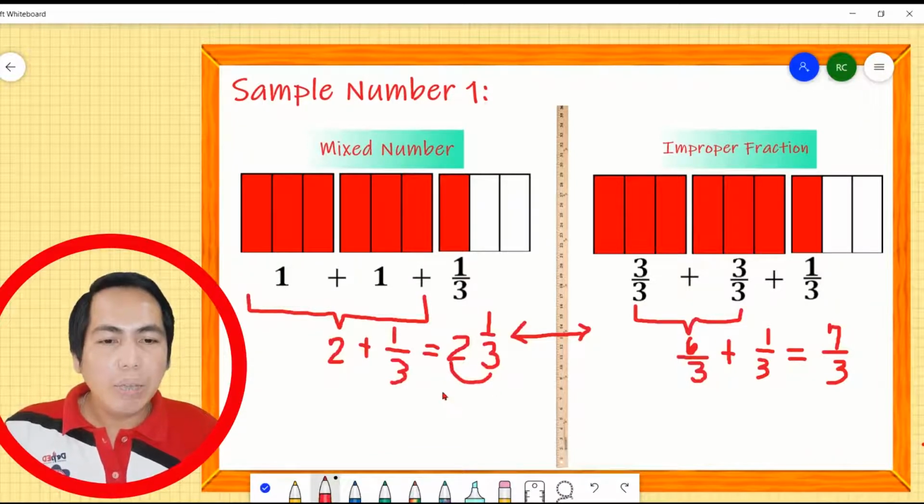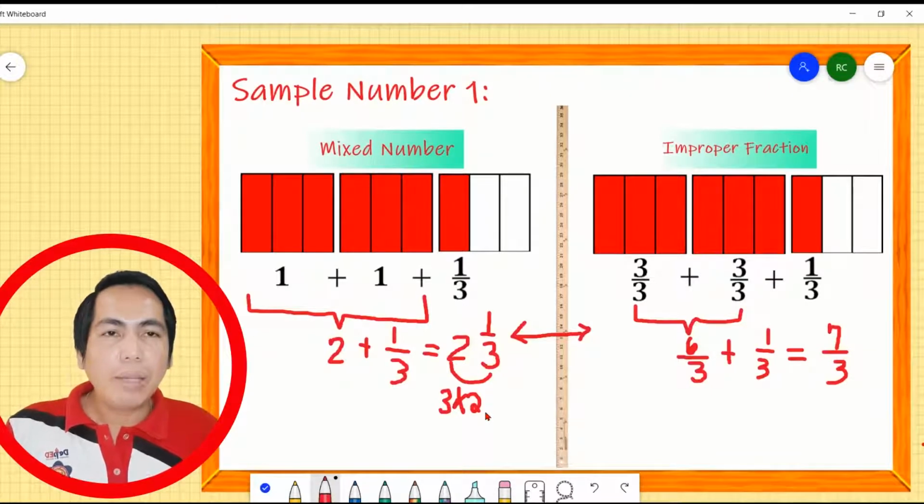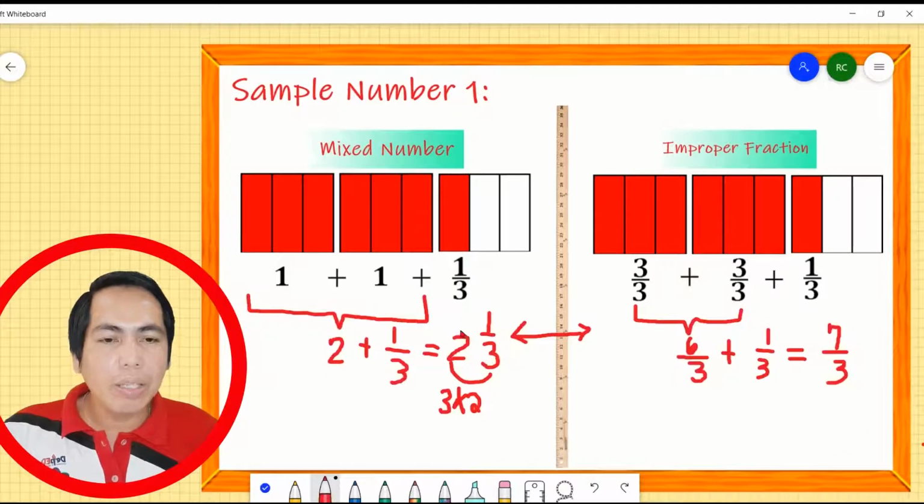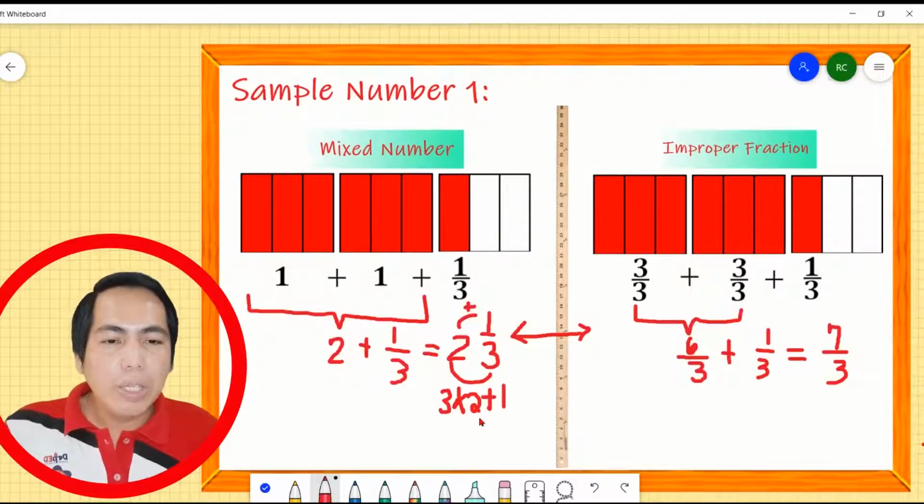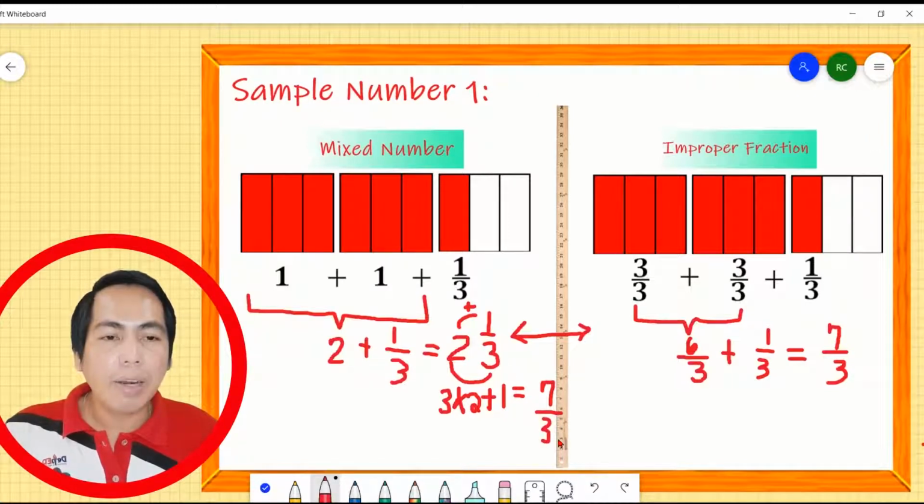So, 3 times 2, and then whatever is the product, we add that to the numerator of the fractional part, which in this case is 1. So, 3 times 2 is 6, plus 1 will give us 7. And then, we simply copy the denominator of the fractional part, which is 3. That's why we have 7/3 as the equivalent improper fraction of 2 and 1/3.